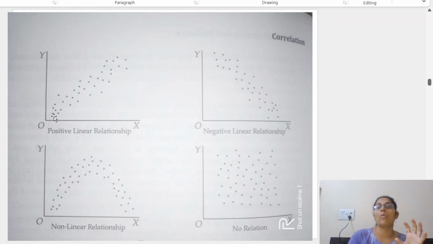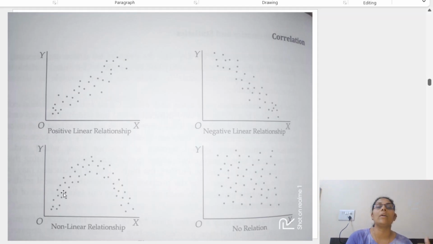If you find a pattern where all observations go from left to right downward, then we say there is a negative linear relation. In the third diagram, you can observe that the points go upward and then downward. So you can't say that's a linear relation, because when we say there is a linear relation, you find either an upward pattern or a downward pattern.